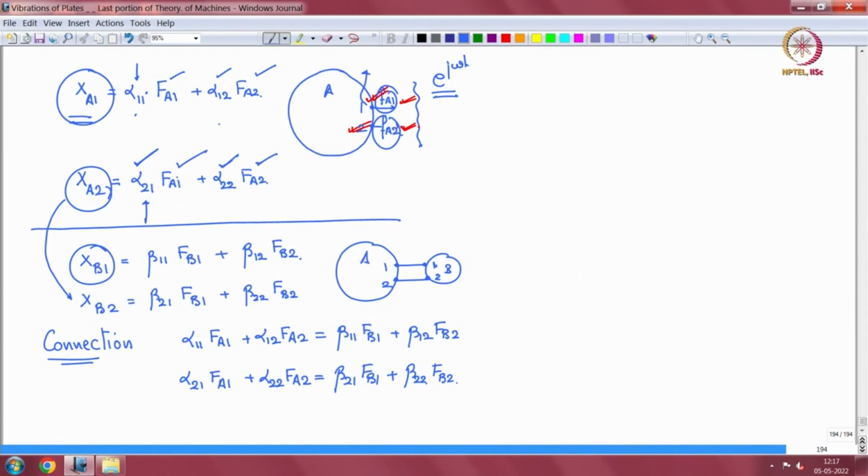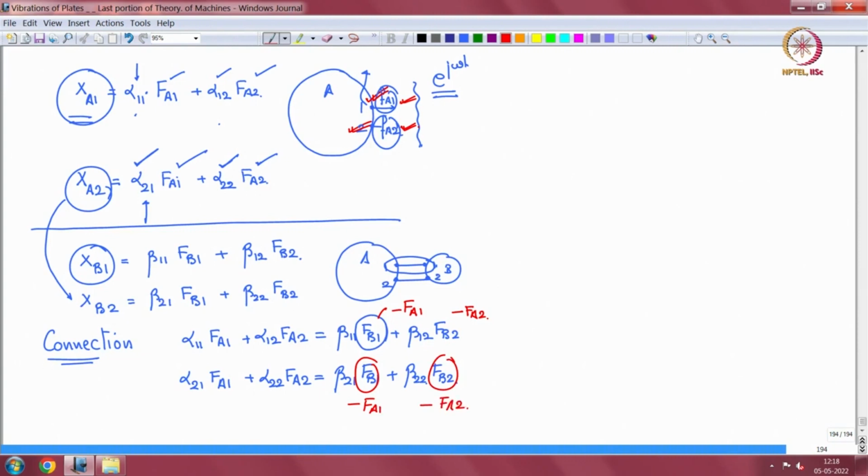Now the forces here are internal. So FB1 is equal to minus FA1, and FB2 is equal to minus FA2. Same here. FB1 is minus FA1, FB2 is minus FA2.